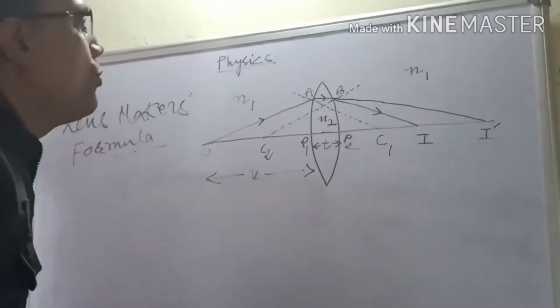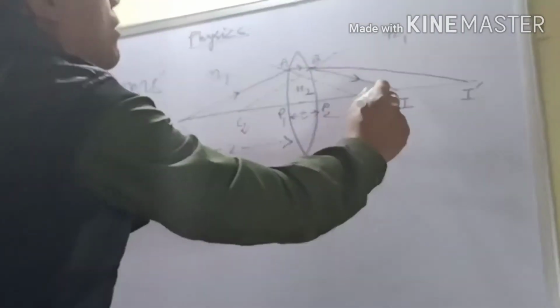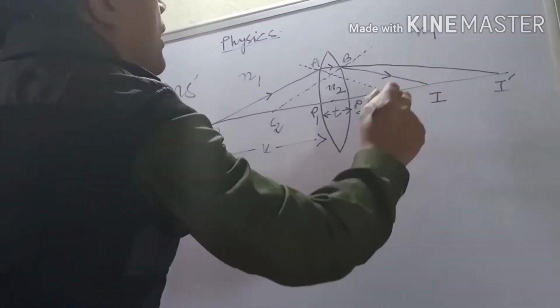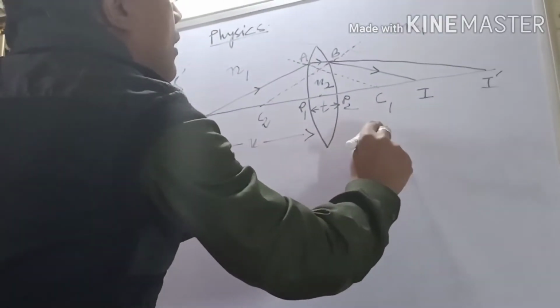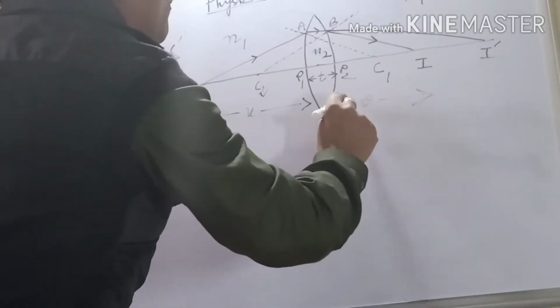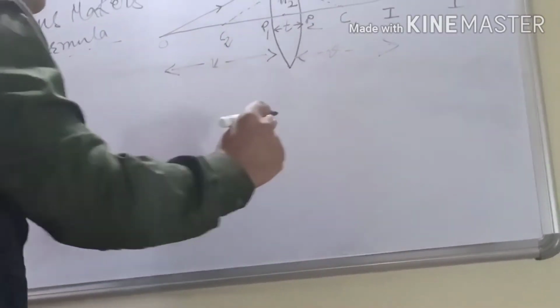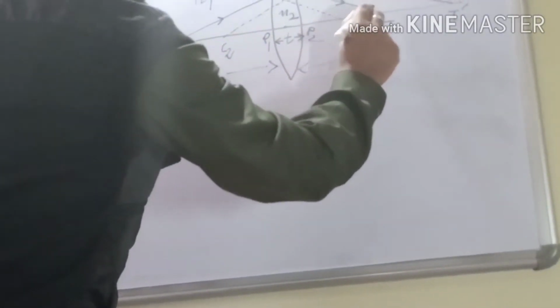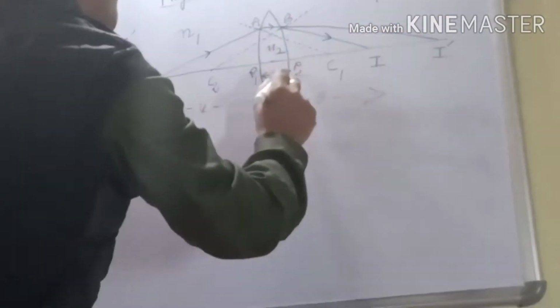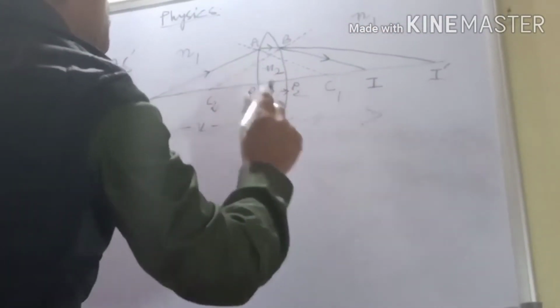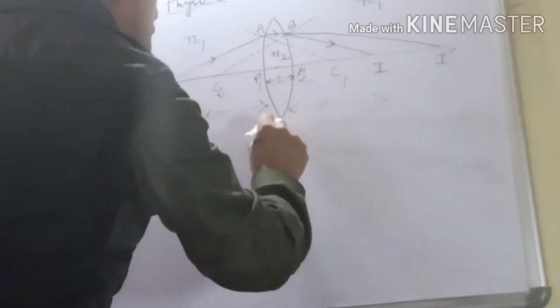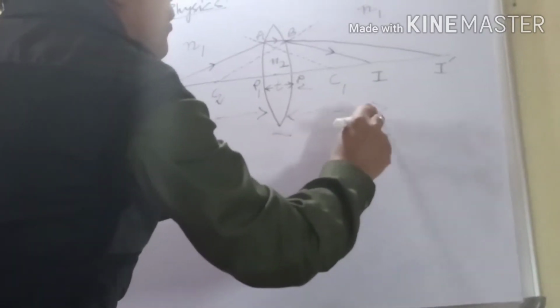So let us assume that the final position of the image is at I, and the distance of I from the lens is V. The distance of I dashed from P1 is, let's say, V dashed.